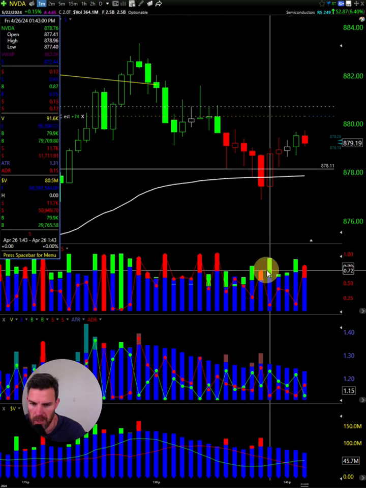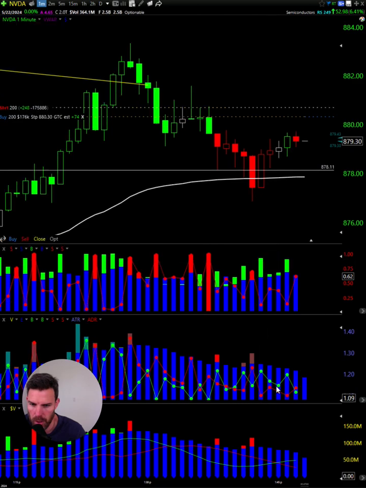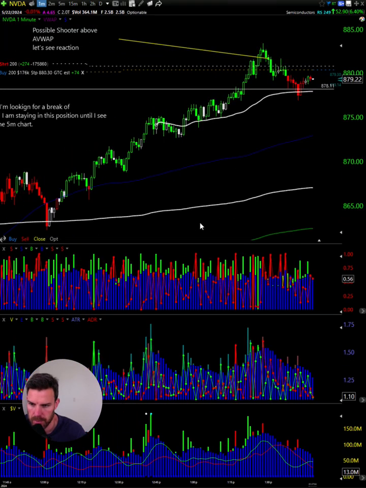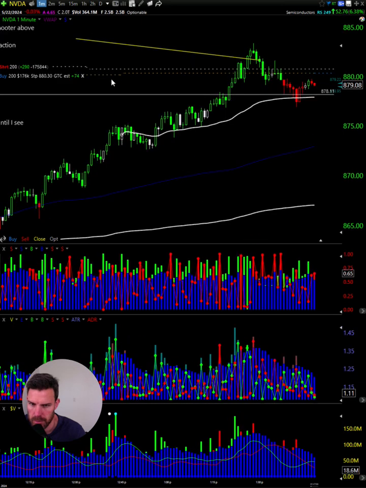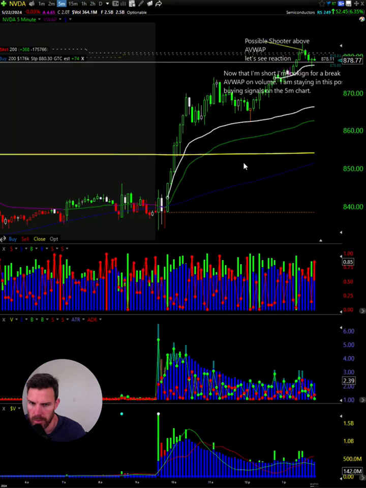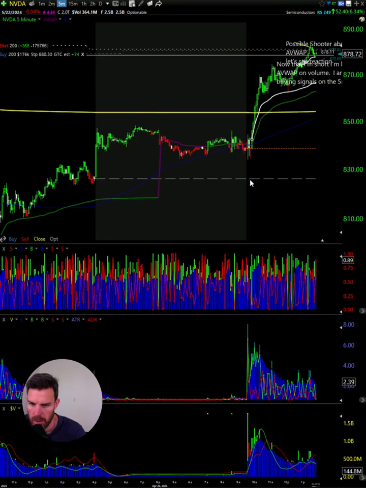You can see here where buyers stepped in, but you had buyers in control, but there wasn't any volume. So I think this should continue lower.